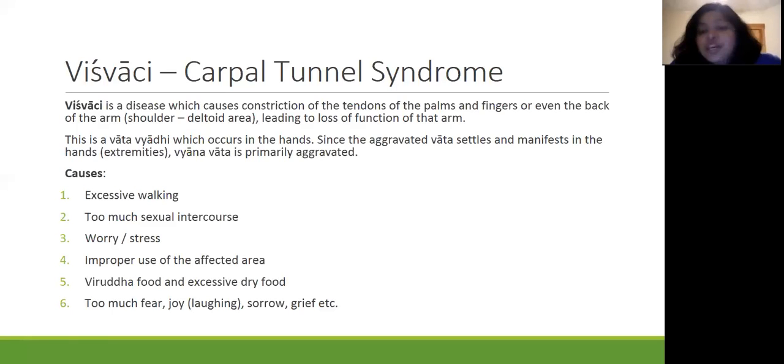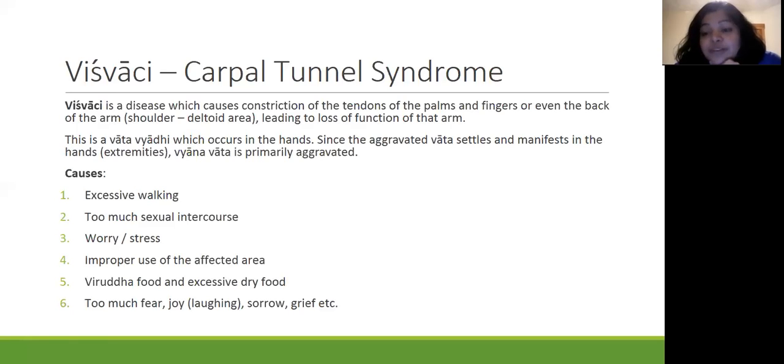Okay, so here what they've described is the causes for aggravation of Vyana Vata, not just Vishwachi in particular. For those of you who were there for the neurological module, neurological disorders, remember when we talked about different causative factors, we said though we are talking about all of these different diseases or disorders, the causative factor is still the same.